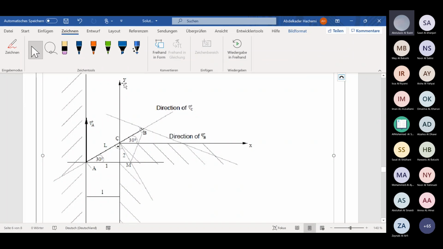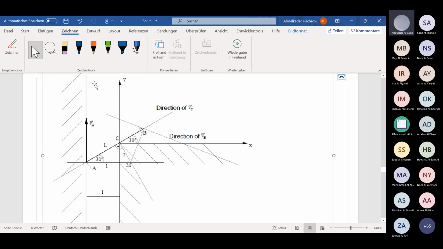This is the magnitude VA, which is equal to 3 meters per second. And we have now the magnitude as well as the direction. It's in the y direction.